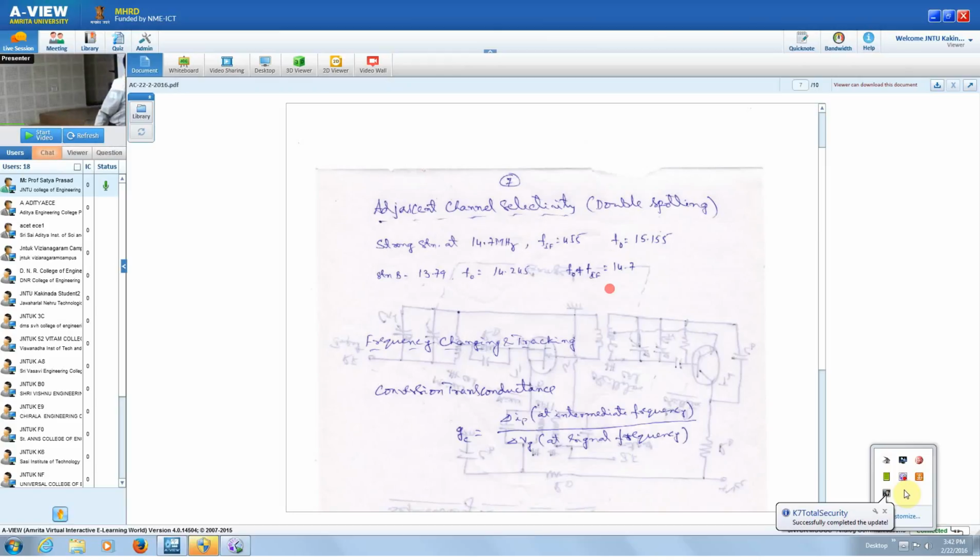When you mix these two signals, 14 and 2 megahertz, you get just 455 only.